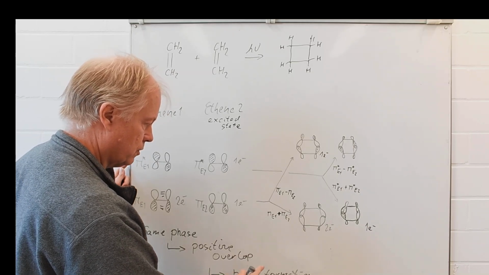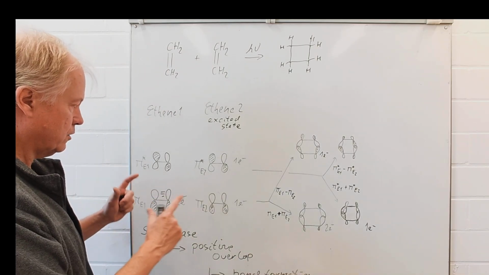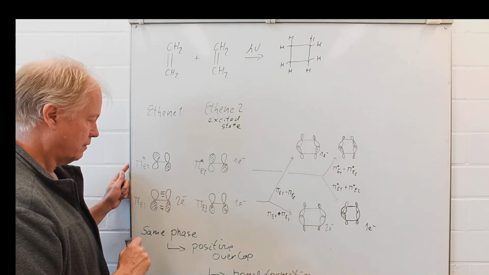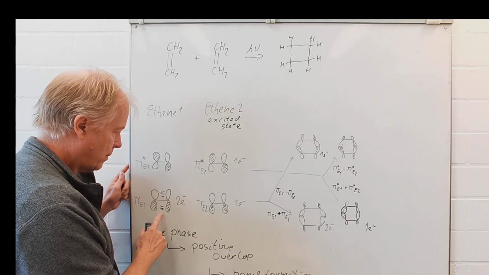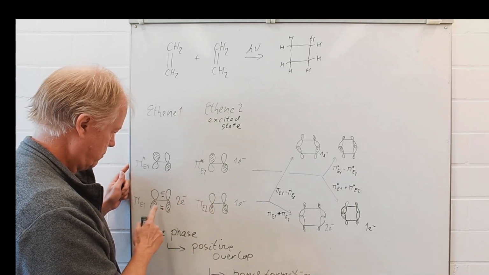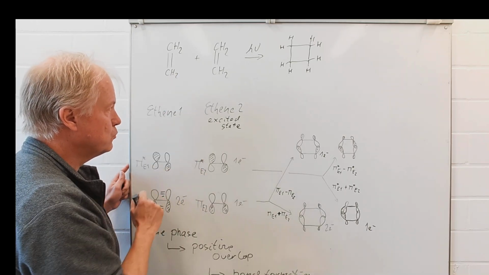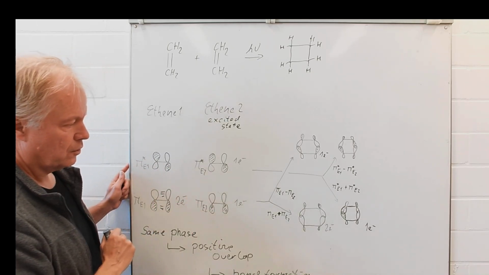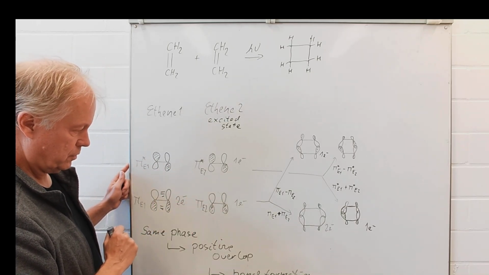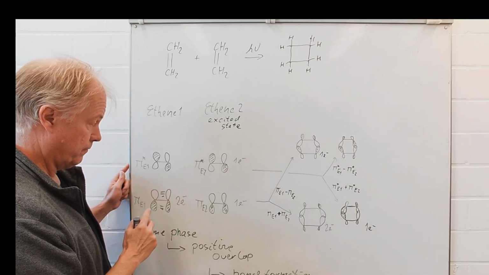This means bond formation. And now we can combine the bonding orbitals of the two ethene molecules as well as the anti-bonding orbitals. And there are two ways possible.